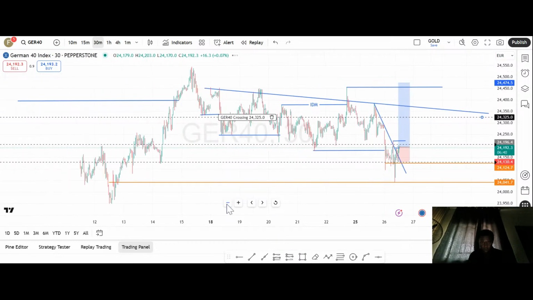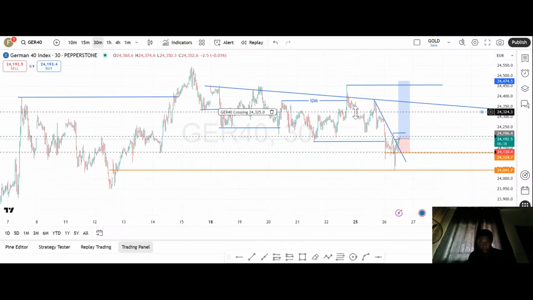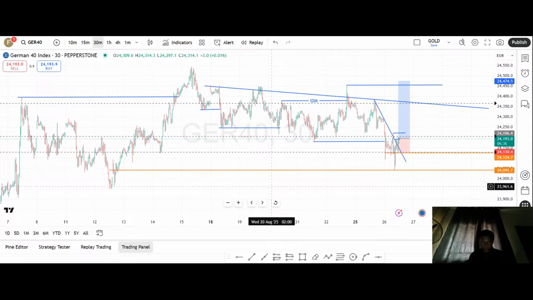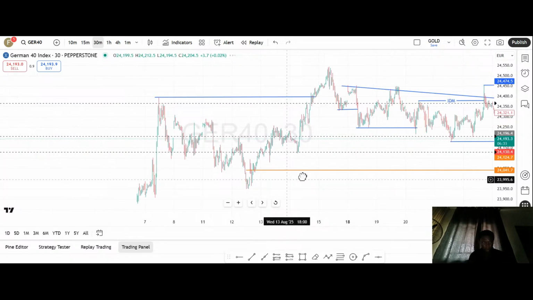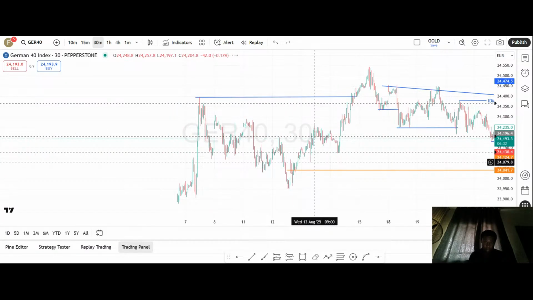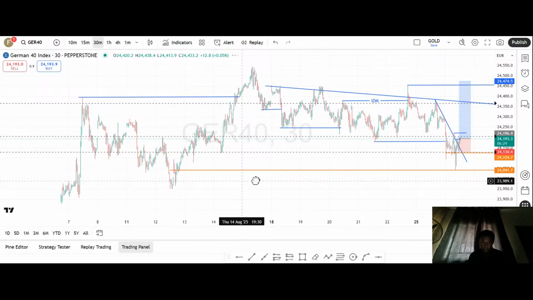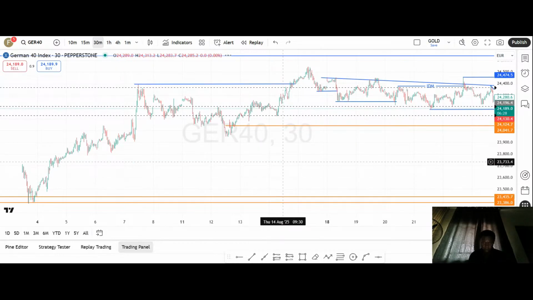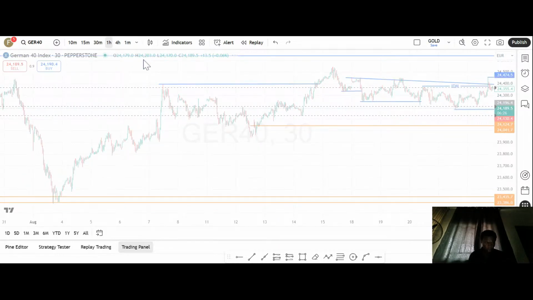So I'll just show you guys now internal and external change of character. I'll use the 4 hours time frame.